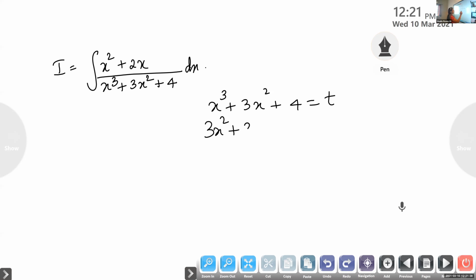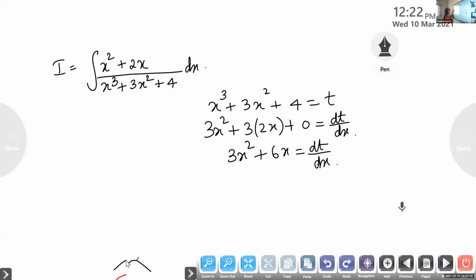Plus 3 into the derivative of x square, which is 2x. The derivative of 4 is 0. So dt by dx is 3x square plus 6x.